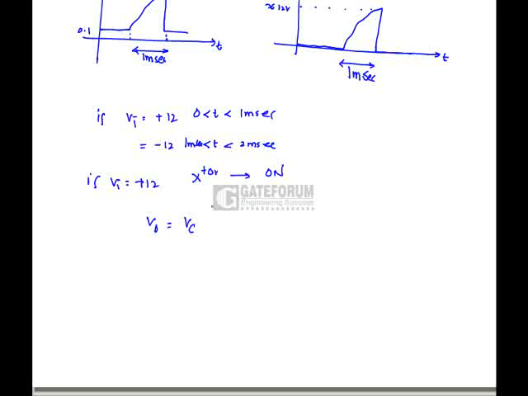In the steady state, the capacitor acts as an open circuit. So in the steady state, Vc of t is nothing but 12 divided by 12.1 k into 0.1 k, which is equal to 0.1 volt. 0.1 volt means from 0 to 1 millisecond, the amplitude of the output voltage is 0.1 volt, which is a constant, as this one.